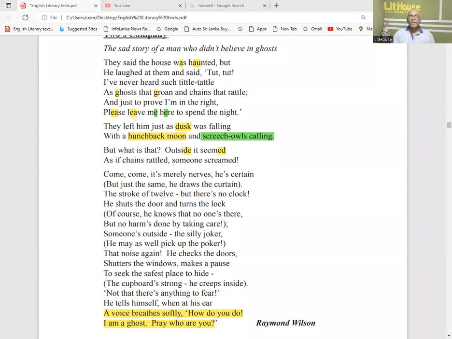How do you write onomatopoeia? Write down the spelling. O-N-O-M-A-T-O-P-O-E-I-A.